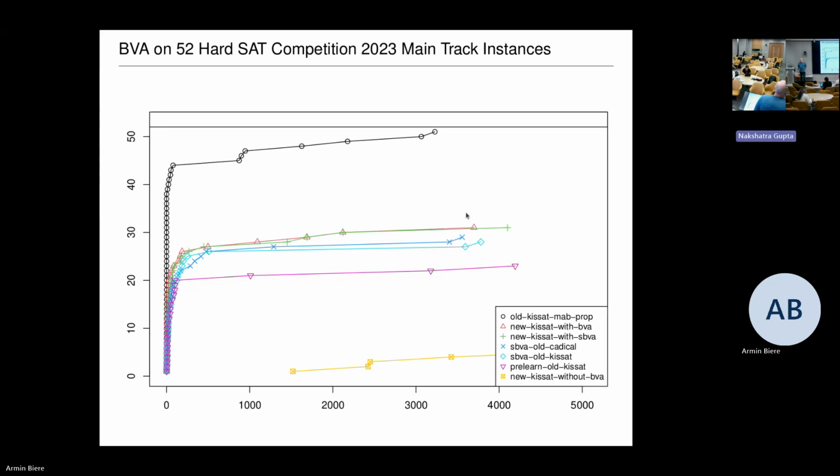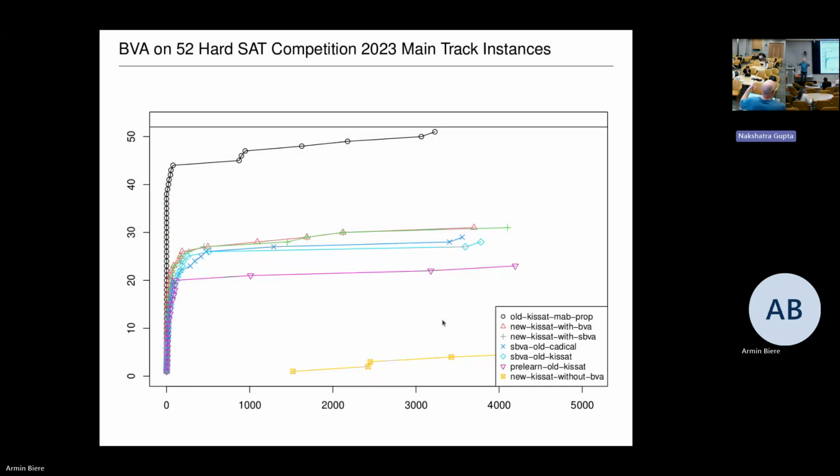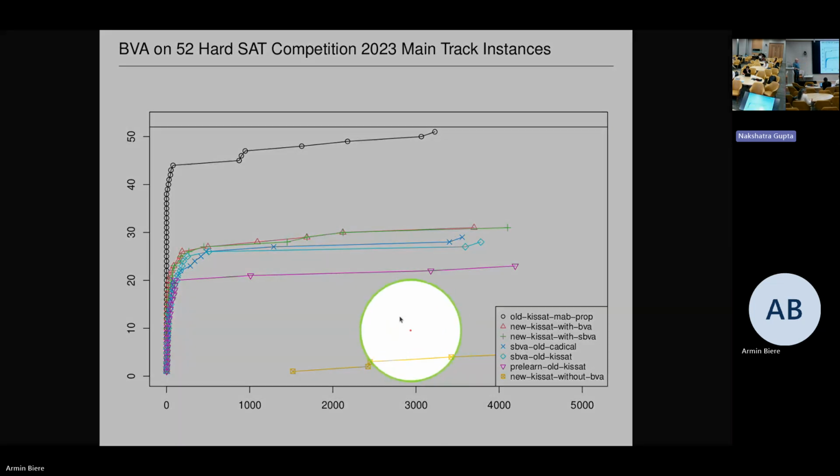So the topmost SAT solver, the KeySAT with MapProp, is currently the best solver of all. Well, every year on Saturday there will be a new best one, but up to now, until Friday, it's the one which won the competition, this SPVA old category, the one with the blue and the crosses.